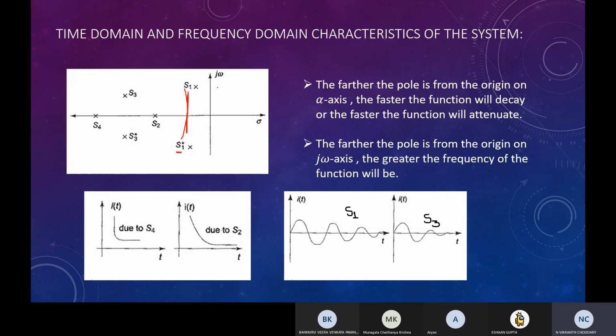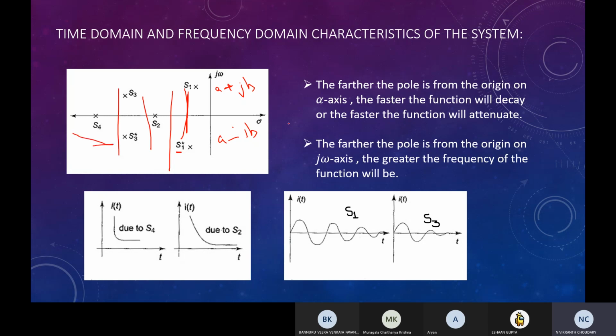If S1 is A plus jB, where j is the imaginary number, then S1 star would be A minus jB. So suppose there are these four transfer functions, one with S1 as the pole, another with S2, another with S3, and the other with S4.